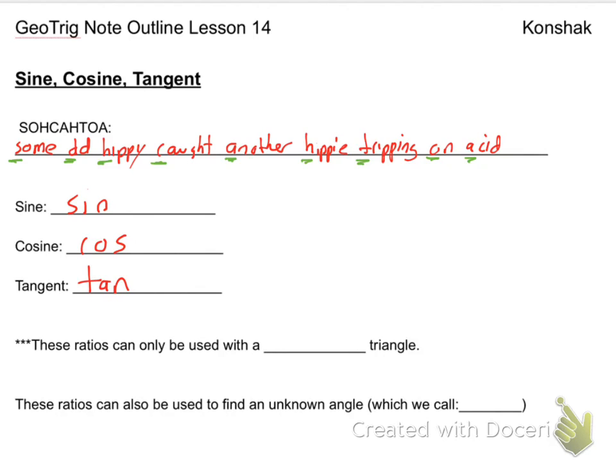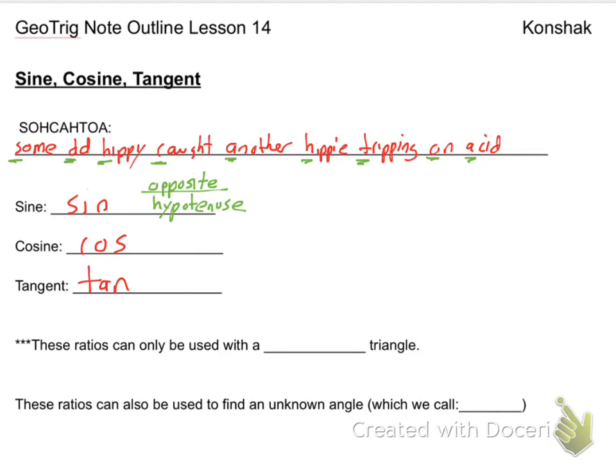The ratio for sine is O over H, which means opposite over hypotenuse. So sine is the opposite over hypotenuse.